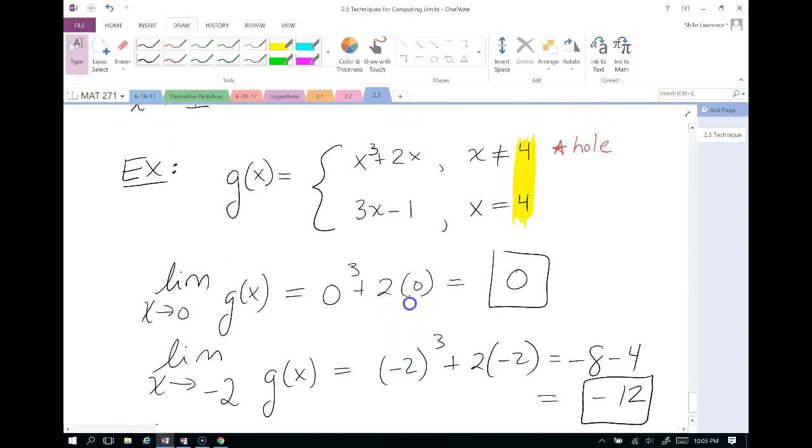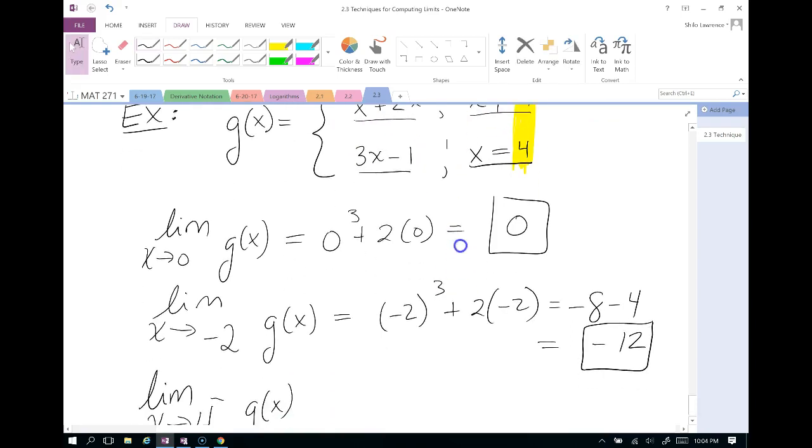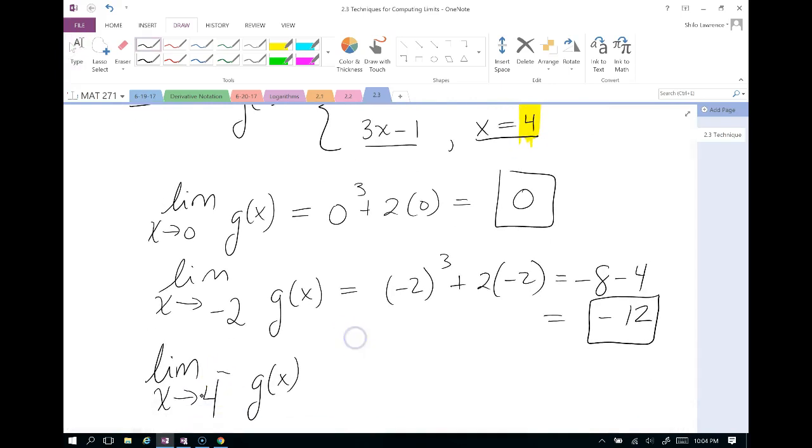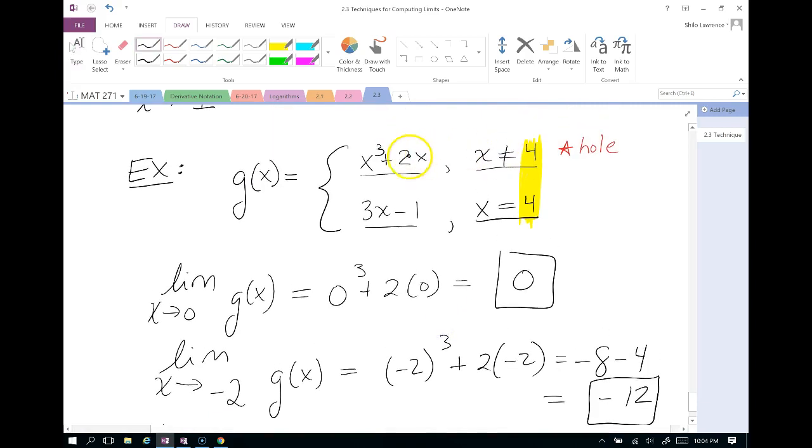Now, the way this function is defined is at x equals 4, you should use 3x minus 1. Everywhere else, you should use x cubed plus 2x. So if we're just getting close to 4, but we're not actually on 4, then we're still on this graph.